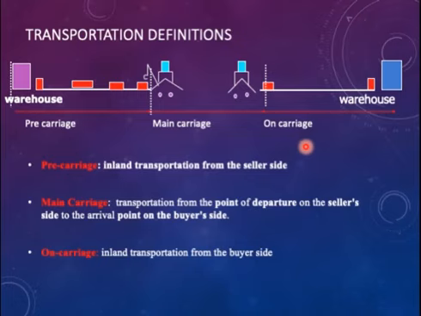Port to port means the carriage contract that covers the main carriage from here to here. Okay, and the next is port to door. Port to door is the contract where the carriage includes the main carriage and the on-carriage. I mean from here to here.